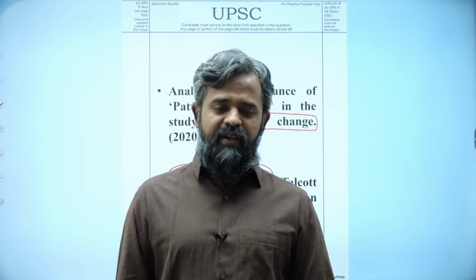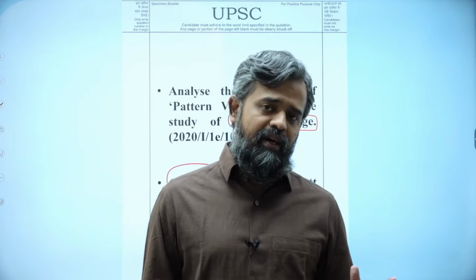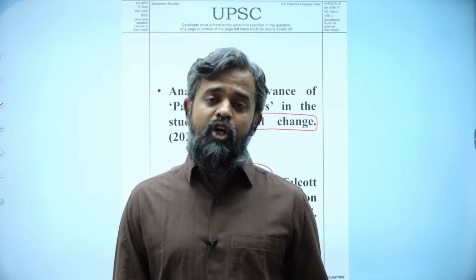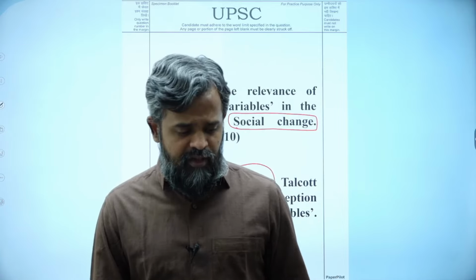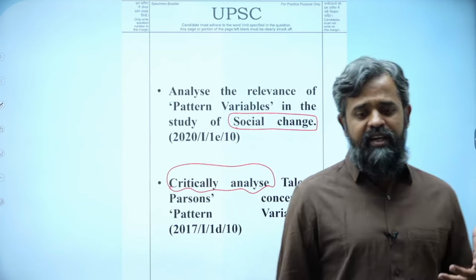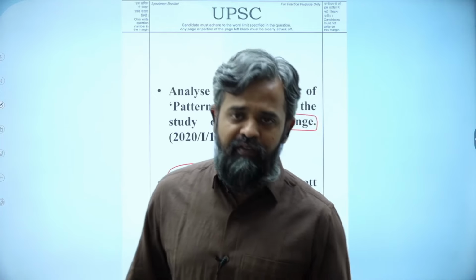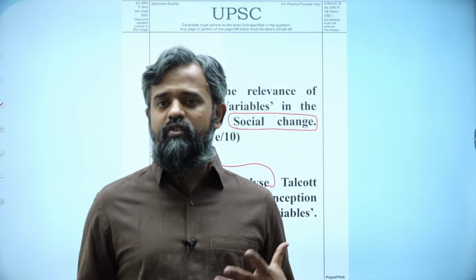So basically, Parsons is pointing out that there are different pattern variables he uses to help us describe and classify different societies, the values that are there and the norms that govern those societies, right?